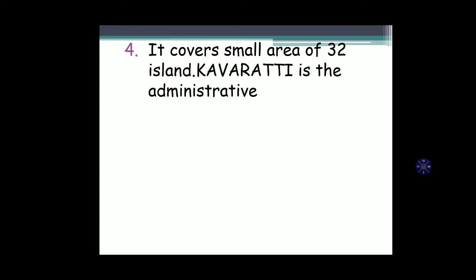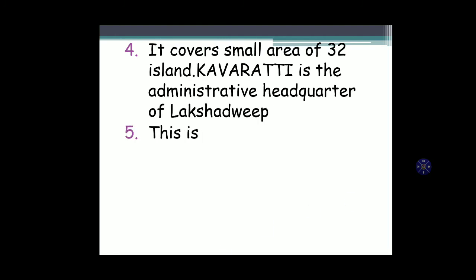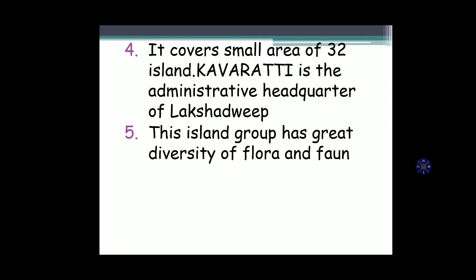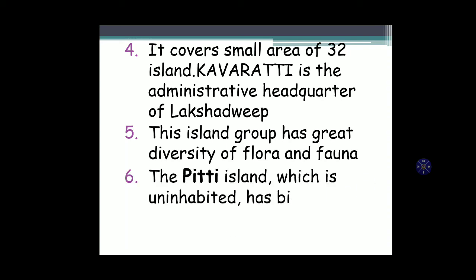Kavaratti is the administrative headquarters of Lakshadweep. This island group has great diversity of flora and fauna. Pitti Island, which is uninhabited, has a bird sanctuary. So all these six points come under the Lakshadweep Islands.